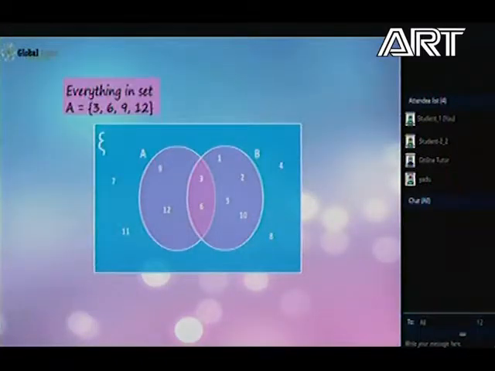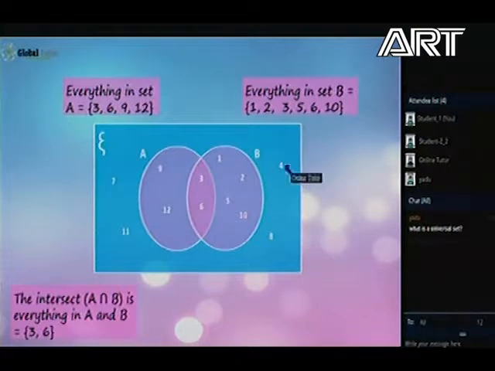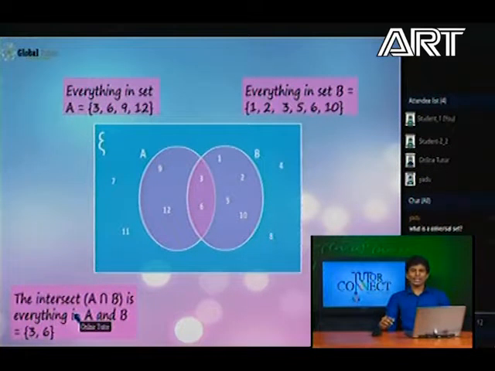The next part, which is interrelated, is that we will now draw a Venn diagram. Everything in set A is 3, 6, 9, 12 and everything in set B is 1, 2, 3, 5, 6 and 10. The intersect, A intersect B, is everything in both A and B. Whatever is common in set A and set B would be the intersect.